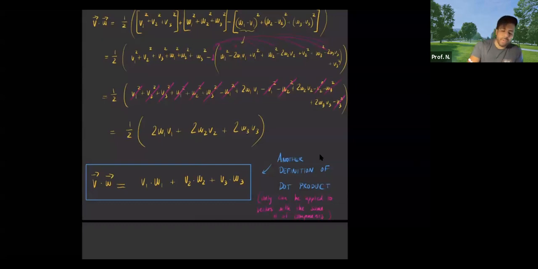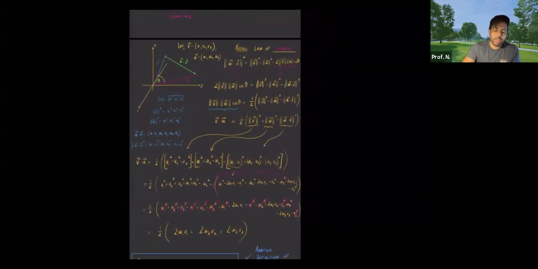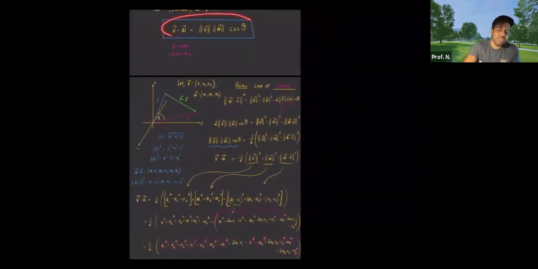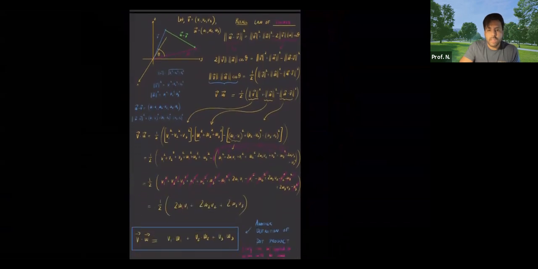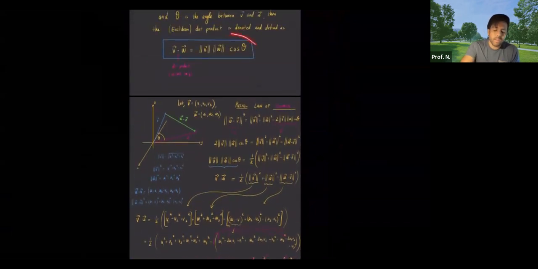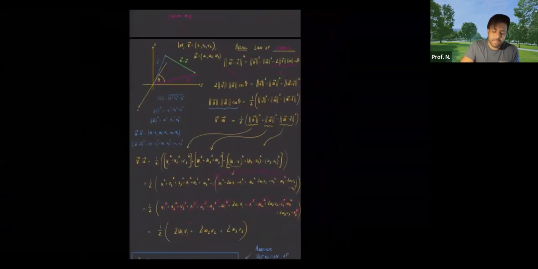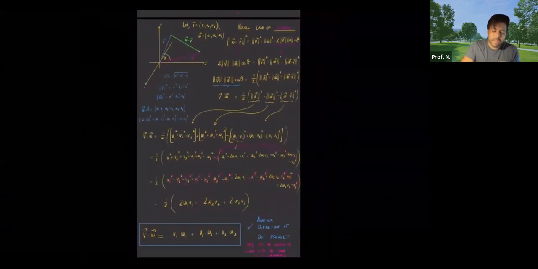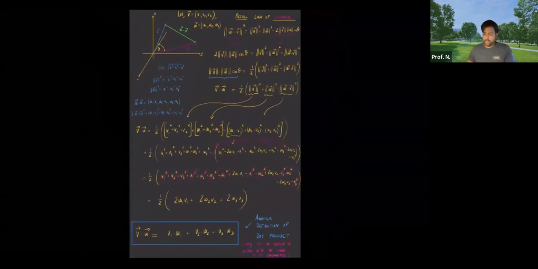This is the more familiar way of defining the dot product. But this is the more geometrically inclined way of representing the dot product. Does that make sense? So that's another definition.